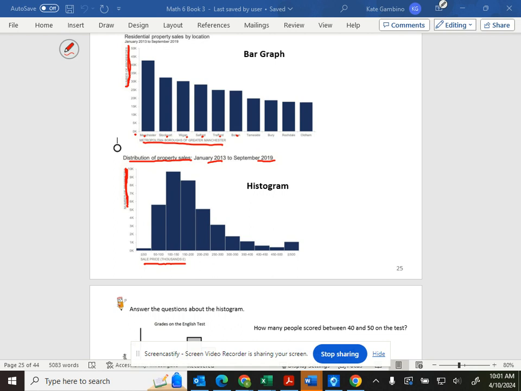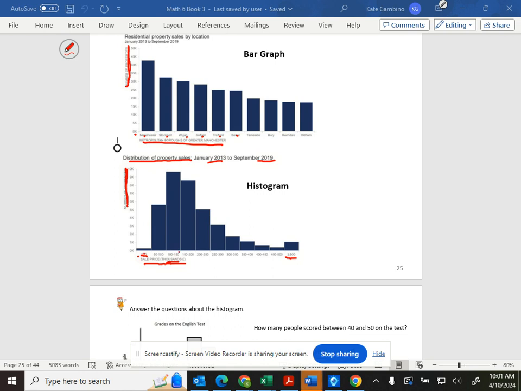So it has to be in order from 500, is that 550? 50. I don't know what that is in front of it. It's hard to read on here. So I've got 50 all the way up to 2,500, and that sales price is in the thousands. So 2,500,000, 50,000.